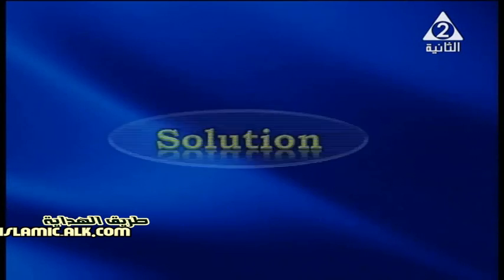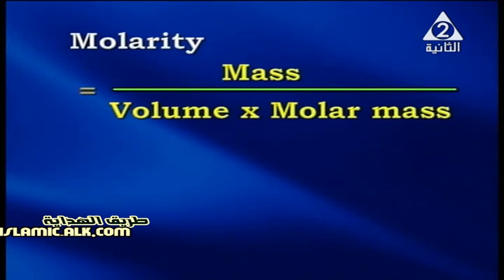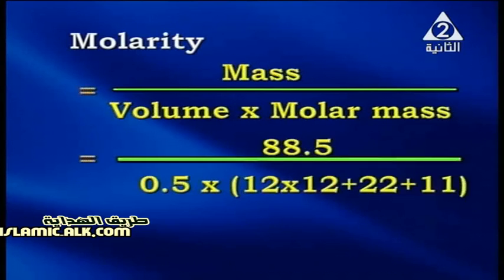So the solution here, the molarity equals mass over volume times the molar mass. So 88.5 over 0.5 times (12 times 12 plus 22 plus 11). So it will be 1 molar.